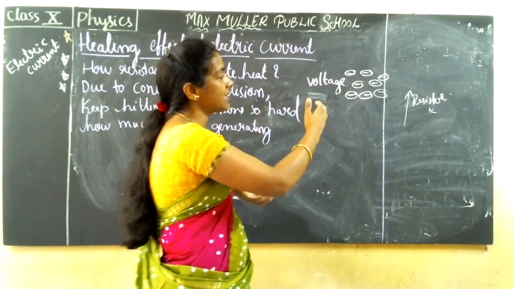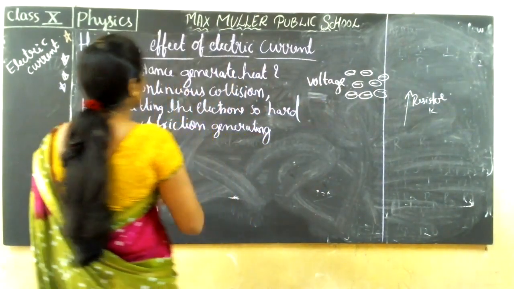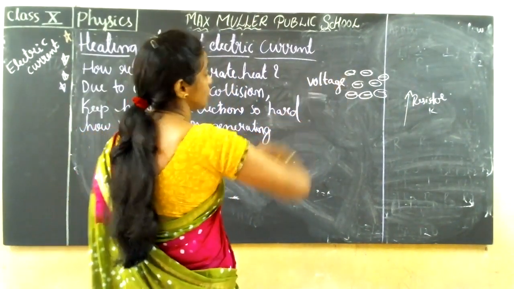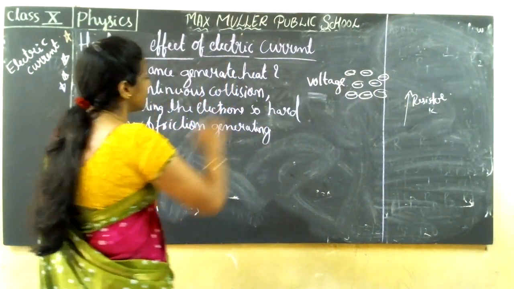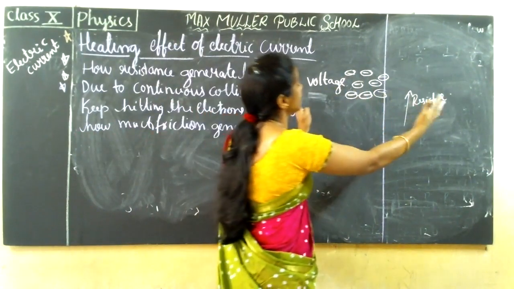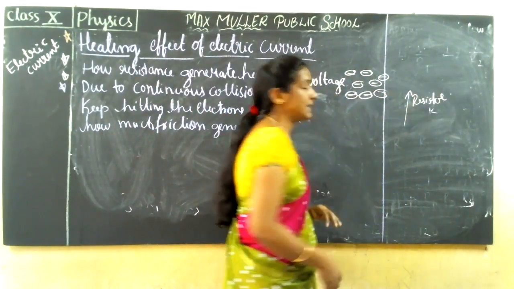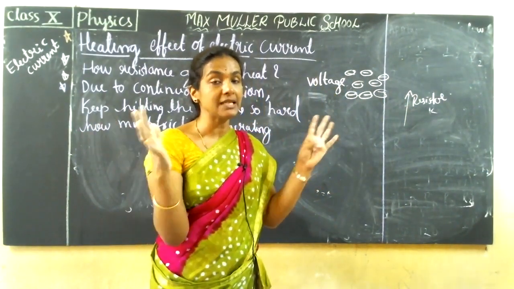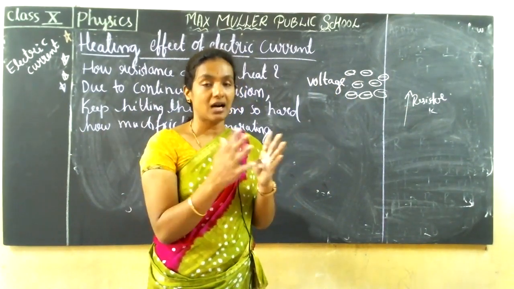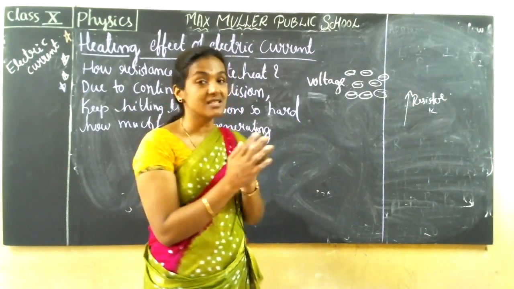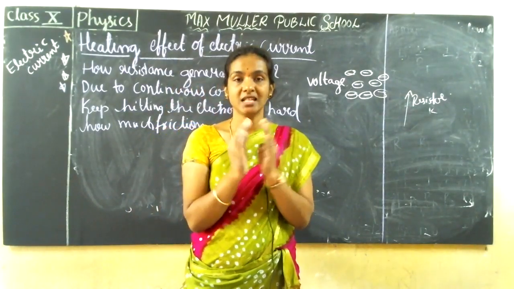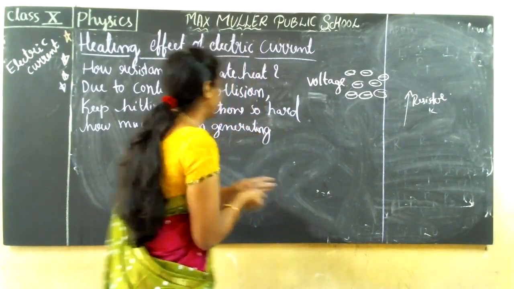Due to continuous collision, the electrons are going to hit each other very hard. This hitting of electrons causes heat here.